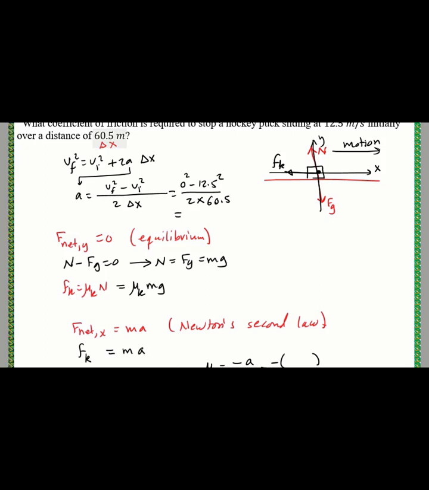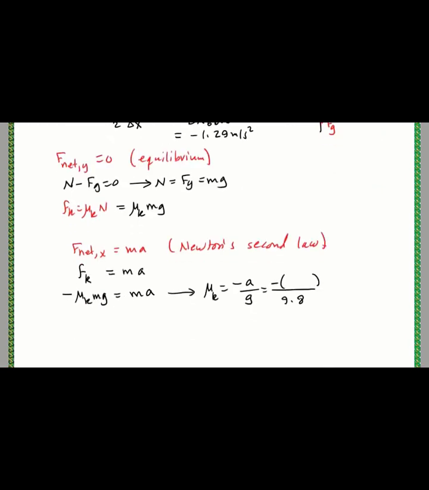So the acceleration is almost minus 1.29 meter per second square. This number is rounded. We have 9.29.